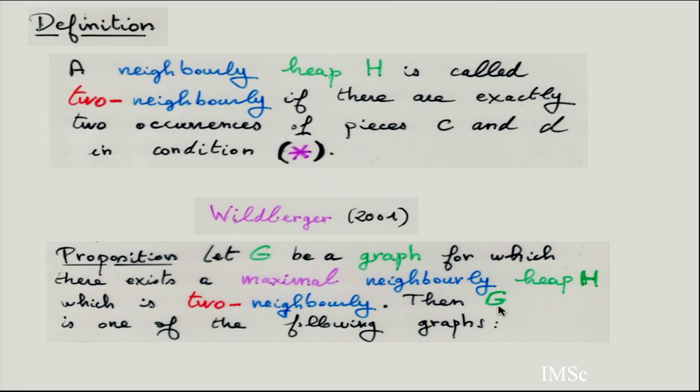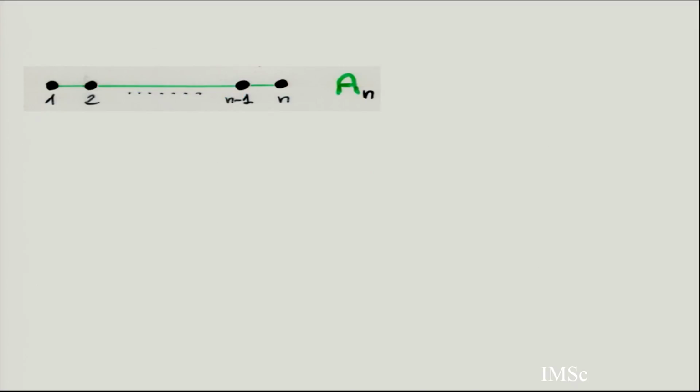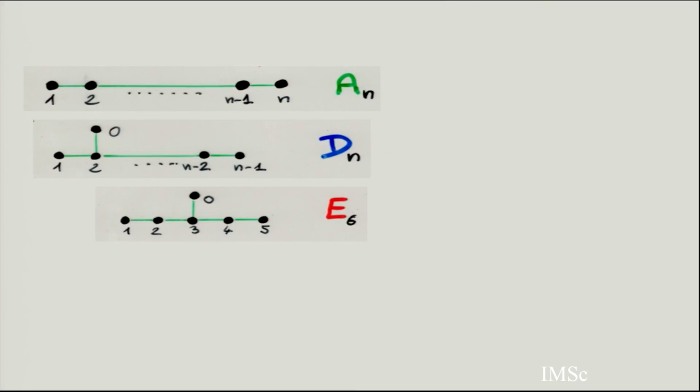Then G, the graph, is one of the following graphs. If you have this condition, with the 3 definitions, the graph is A_n, or D_n, or E6, or E7.